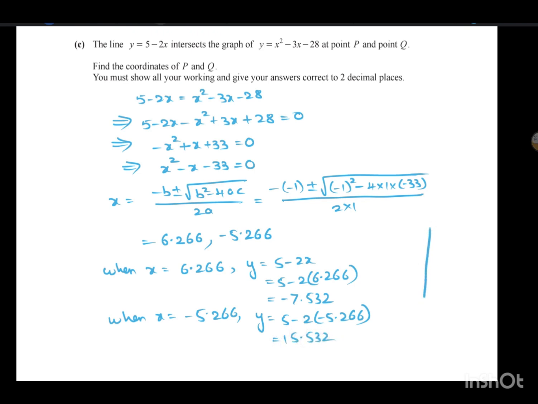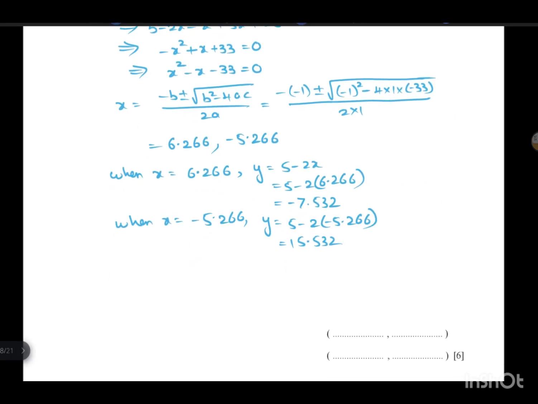That's it. Now you can round to 2 decimal places and write the values here. So x is 6.27, y is minus 7.53, and if x is minus 5.27 and y is 15.53.